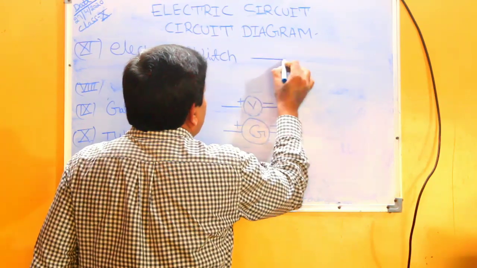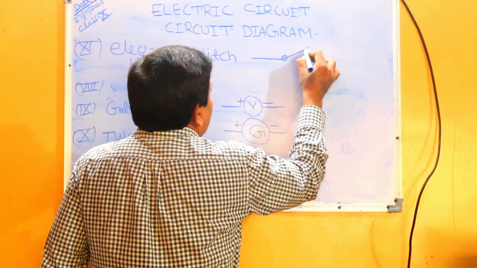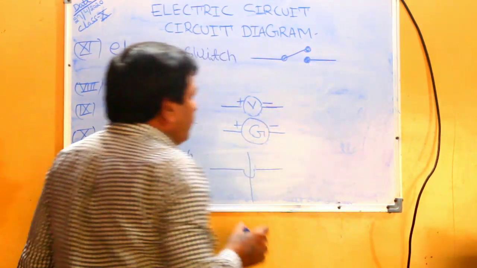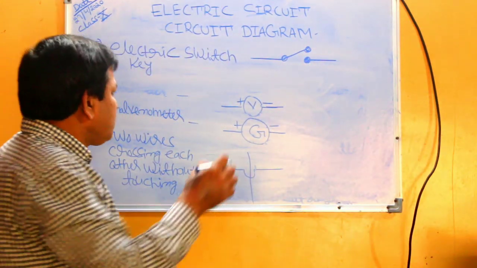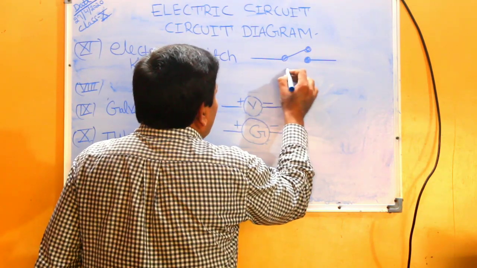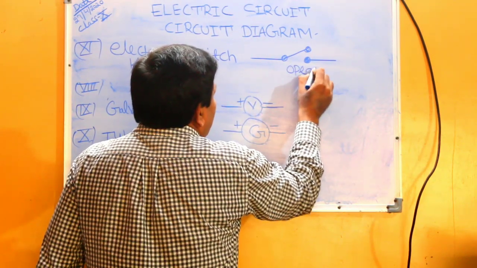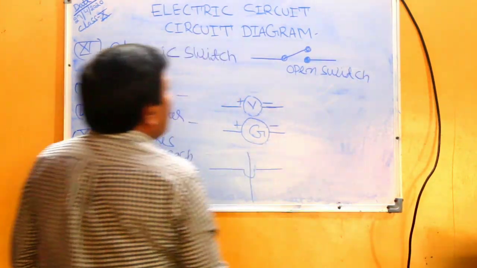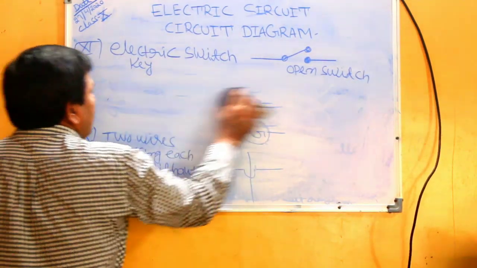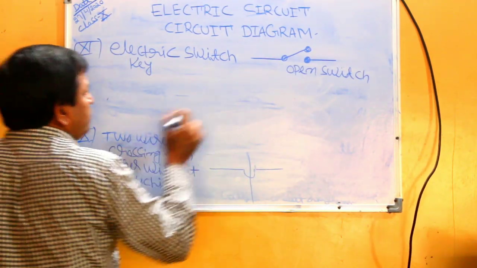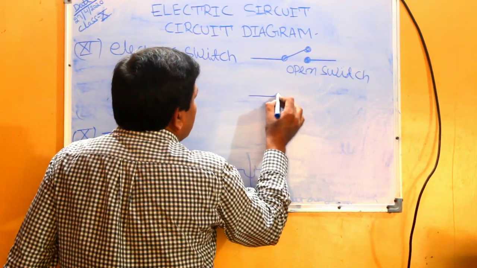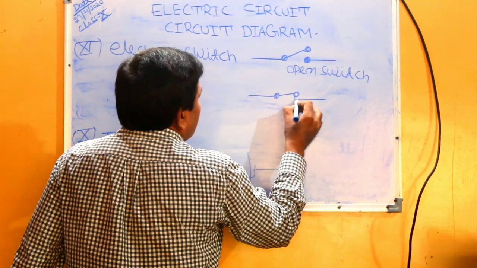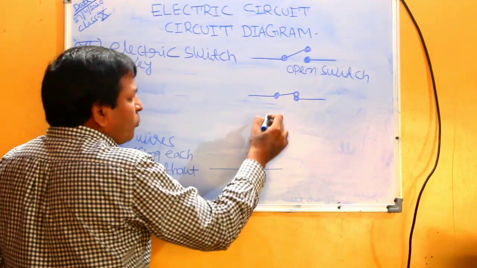So its symbol is this, the old convention, but this time we are also using it here. This is open switch. And the closed switch is like that. This is the closed switch.